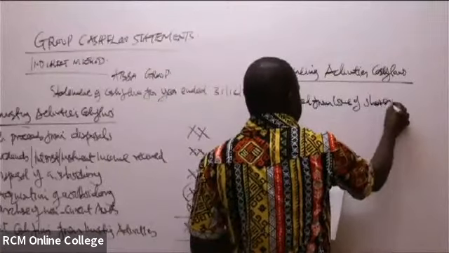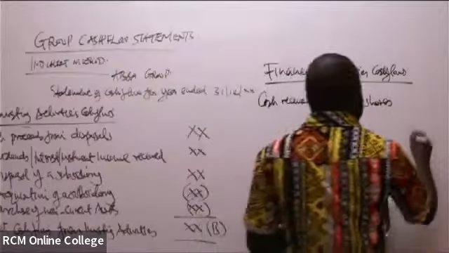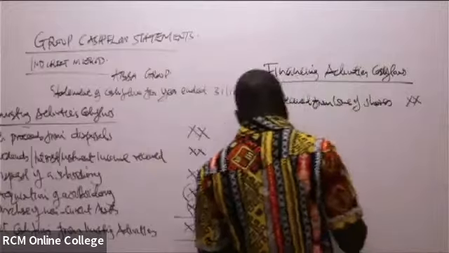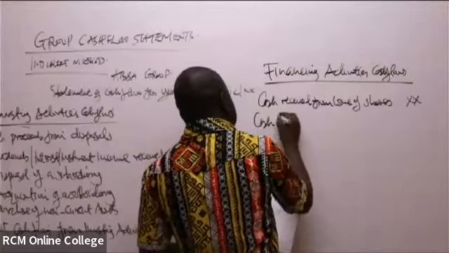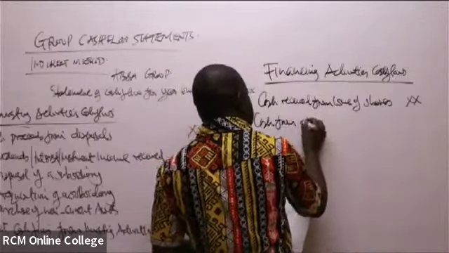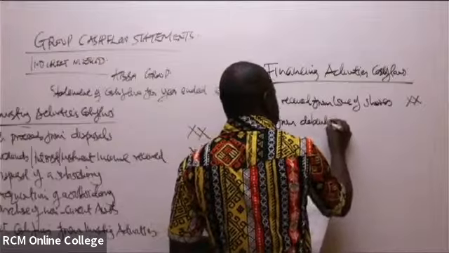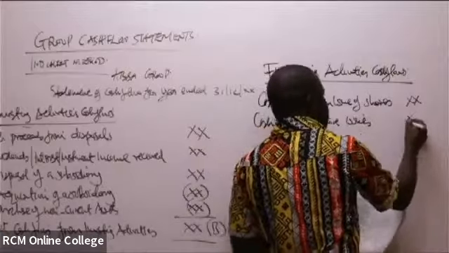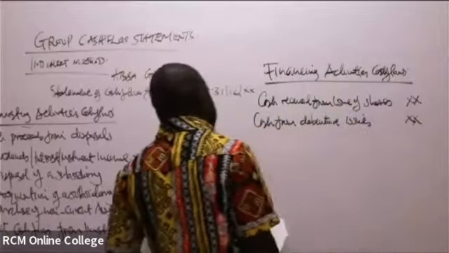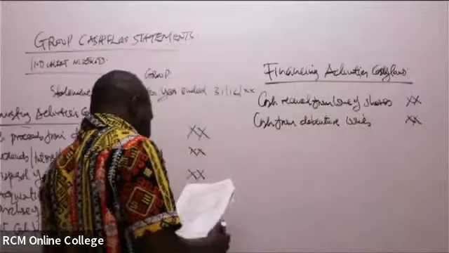Maybe they sold some shares. Then cash received from issue of debentures, cash from debenture issues.